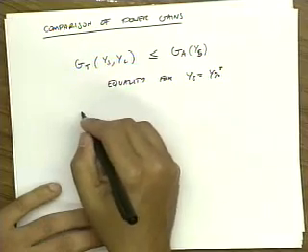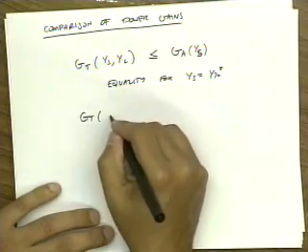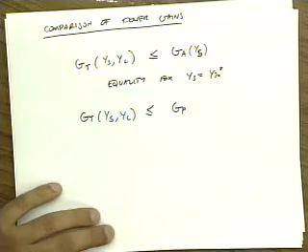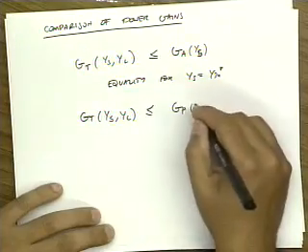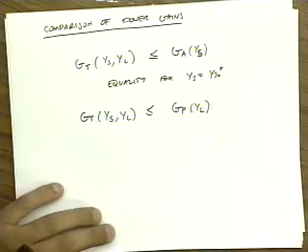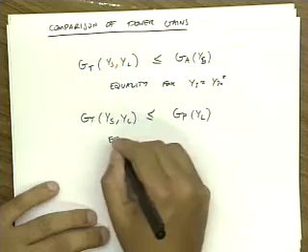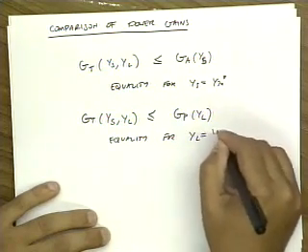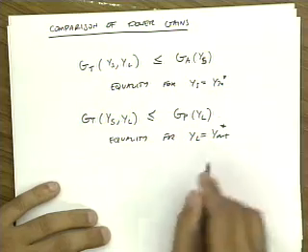Similarly, we found last lecture that GT, again a function of Ys and Yl, is always less than or equal to the power gain. The power gain is only a function of Yl. It's the power in the load divided by the power coming into the network. Again, equality for Yl equal to Yout conjugate.